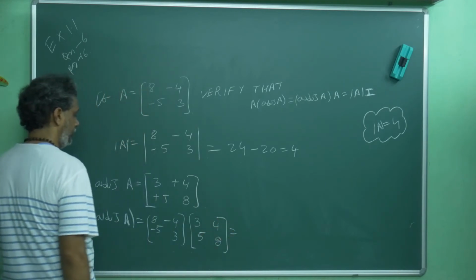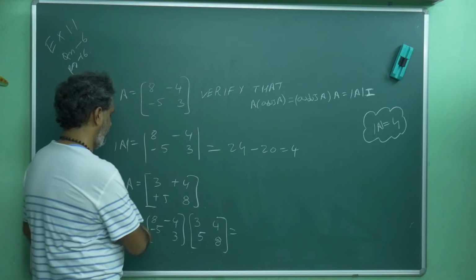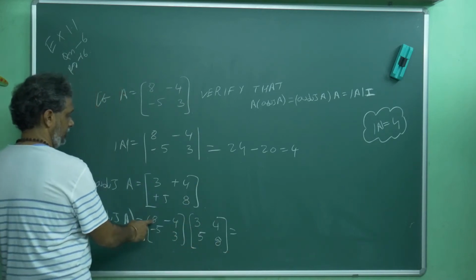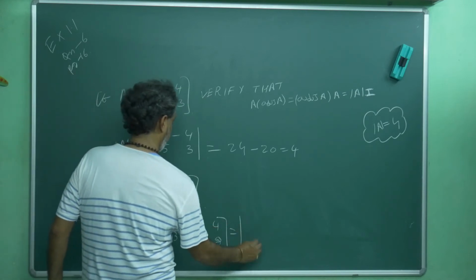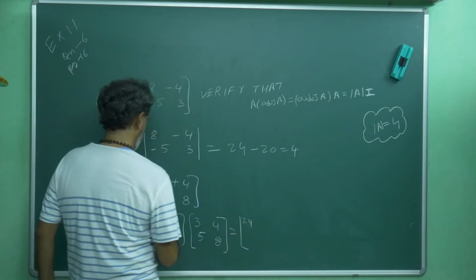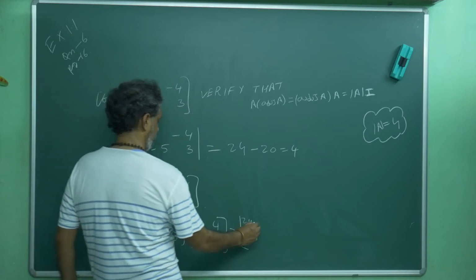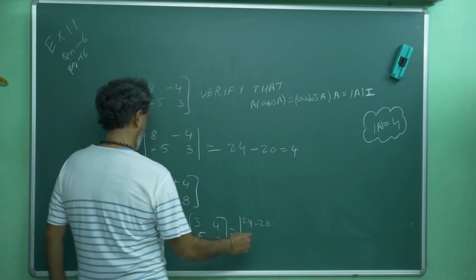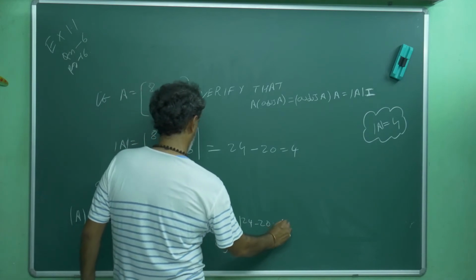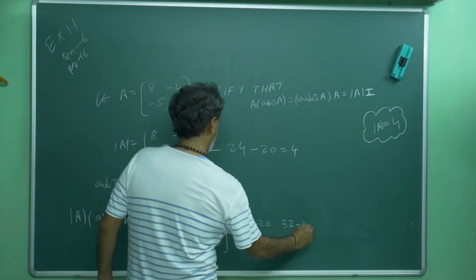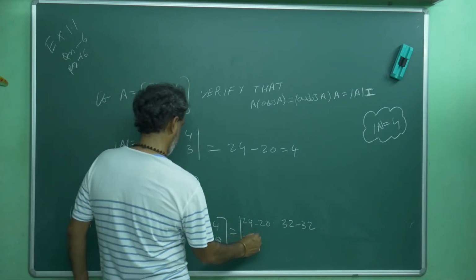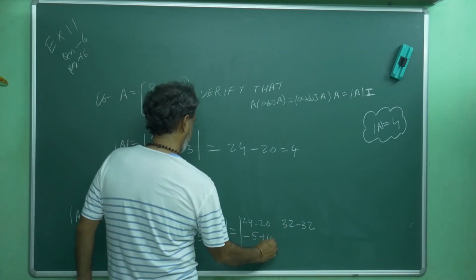Multiply. Then this is what? First row, first column; first row, second column. That is the old story. So 8 into 3, 24, then minus 4 into 5, 20. Then 8 into 4, 32, minus 32, then minus 5 into 3, minus 15 plus 15.